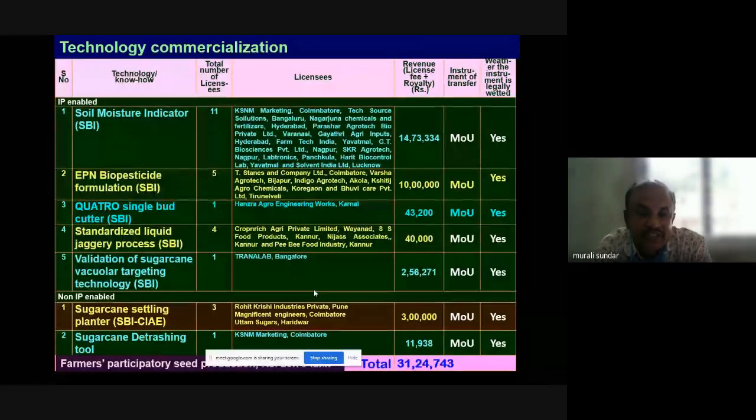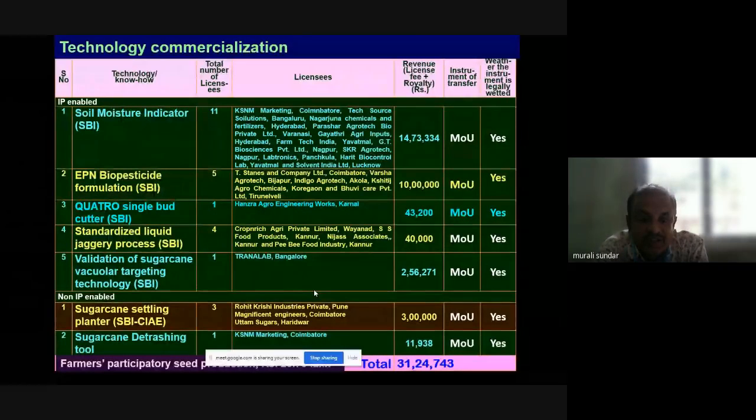Coming to the EPN biopesticide formulation, Tea Stains Company in Coimbatore, Varsha Agrotech Bijapur, Indico Agrotech Akola, Sigji Agrochemicals Gurgaon, and Buvicat Private Limited Tirunelveli, nearly 5 firms have licensed this technology for about 10 lakhs, because the technology is priced at 2 lakhs plus GST.